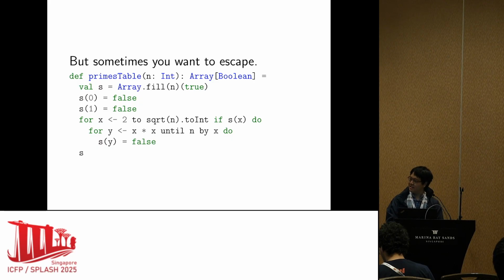But that's great and all if your data structures and your variables that are mutable don't escape, but sometimes you do want them to escape. Instead of returning a list of primes, you might want to return a table of numbers that are true if they're prime and false if they're not. And here, you naturally just want to return the array you generate.